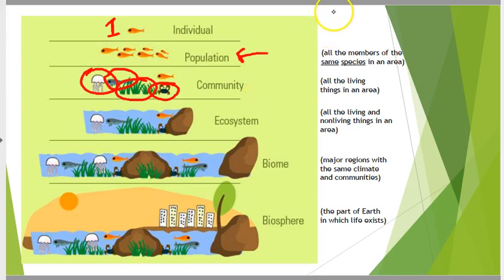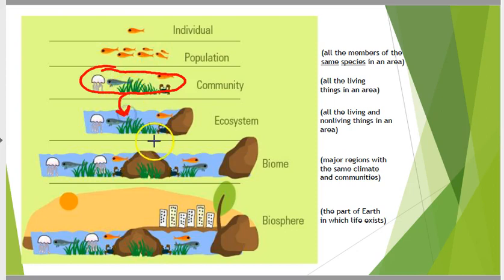The next step up is an ecosystem. Ecosystem takes all of the community plus everything else that surrounds it. All right? Is there only living things on this planet?